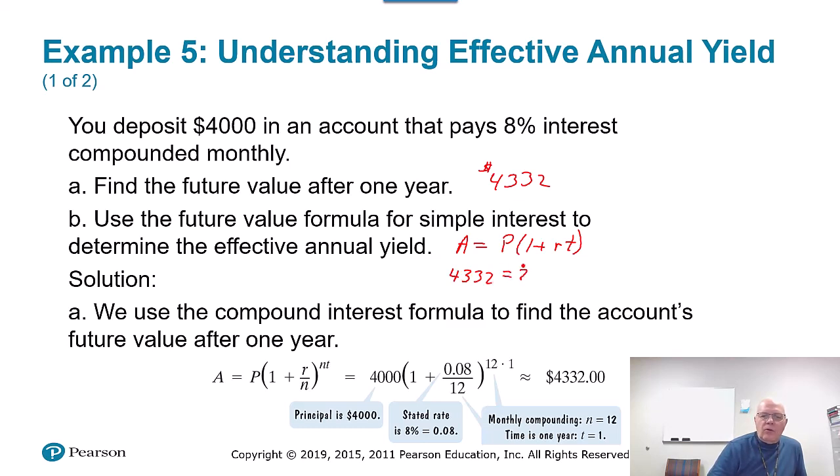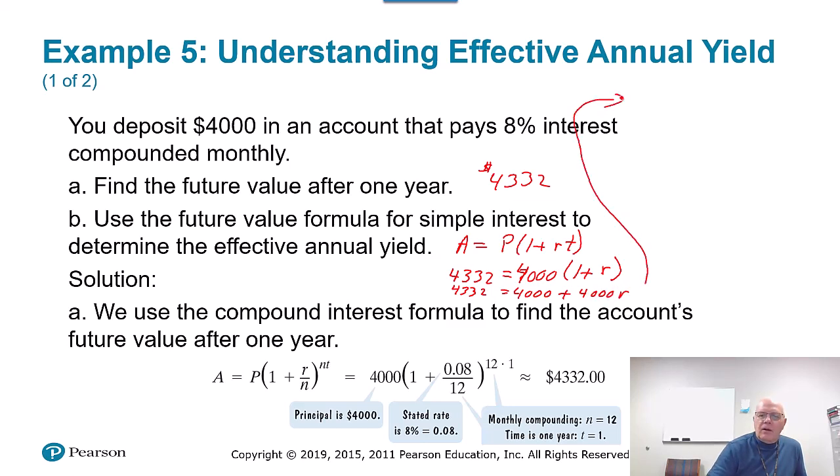You're putting $4,000 in. 1 plus. Now, T is 1 year, so we can just put an R there and solve for R. We get 4,332 is 4,000 plus 4,000 R.